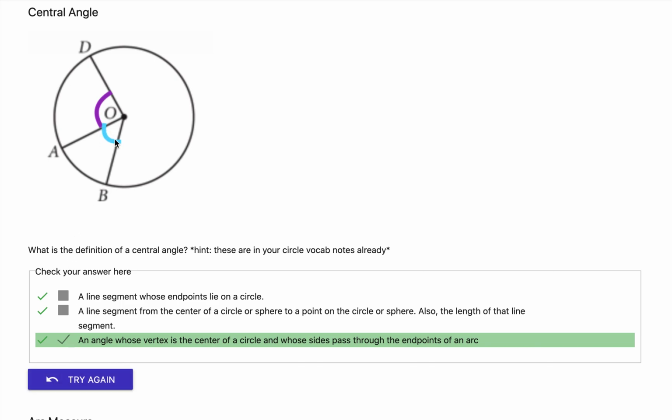So if we're looking at this blue central angle, its center of the circle is the vertex, and A and B are both the endpoints of an arc. So these together from the center to the endpoints of the arc create that central angle.